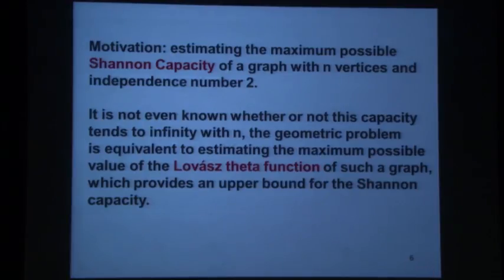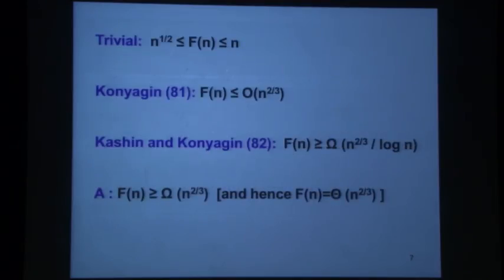Here, for this question, it will tend to infinity, and the theta function also tends to infinity. It behaves like n to the 1/3 here. Anyway, it's just to say that there was some motivation for that, and here is what is known about it.